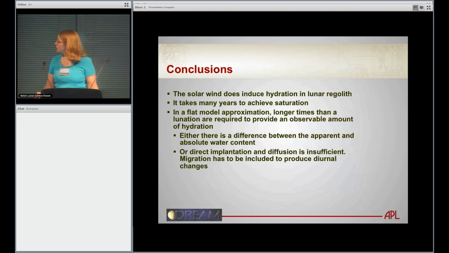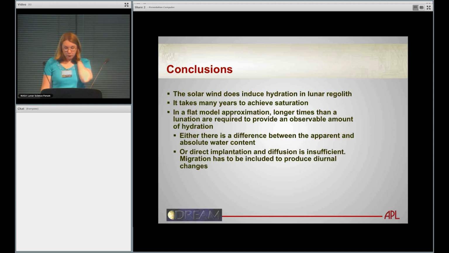So, in conclusion, the solar wind does induce hydration in the lunar regolith, and it takes many years to achieve saturation. In a model of diffusing OH out of the regolith, residence times longer than illumination are required to produce an observable amount of hydration.